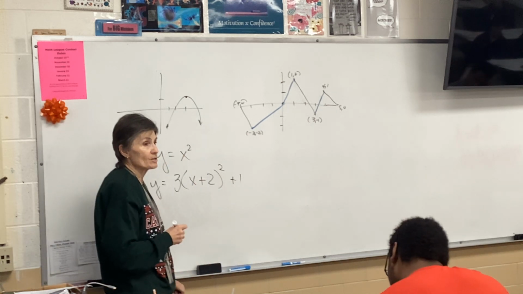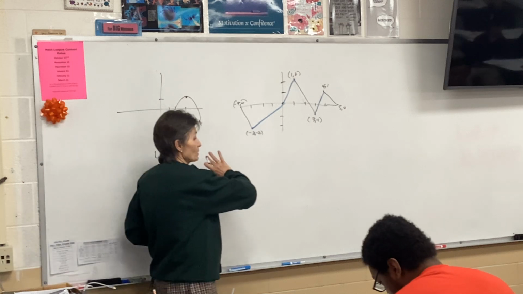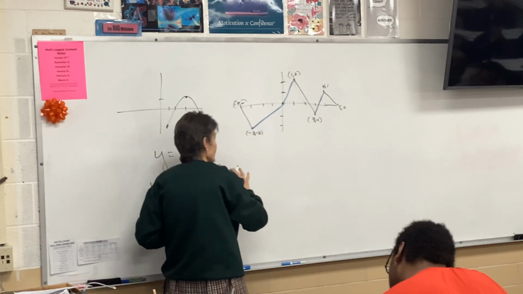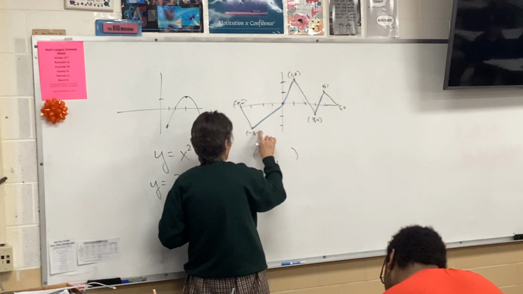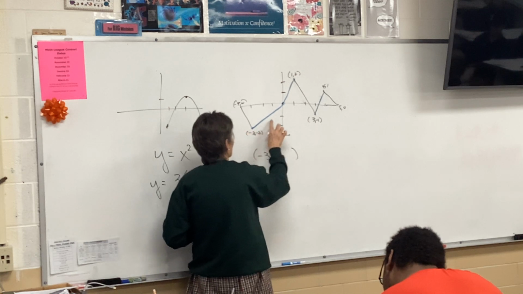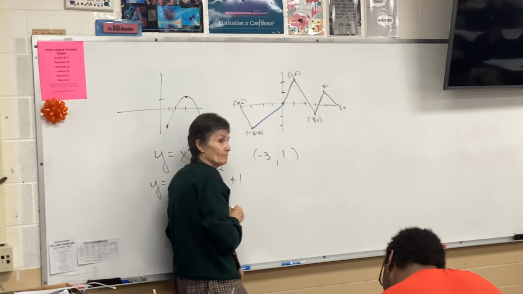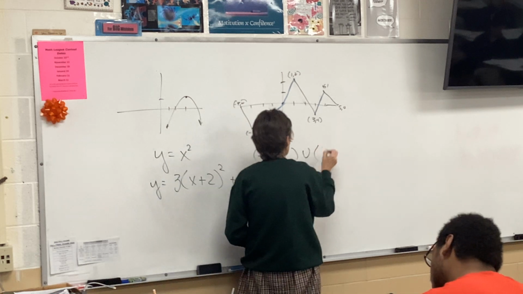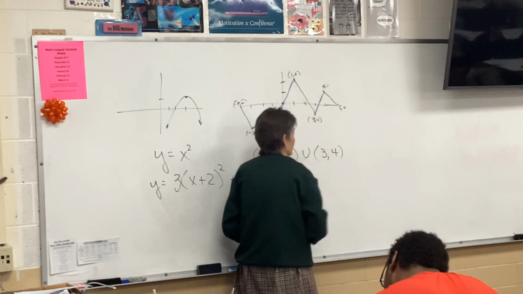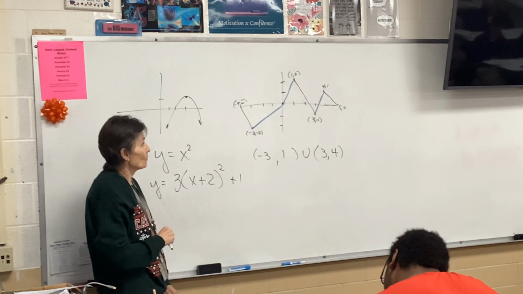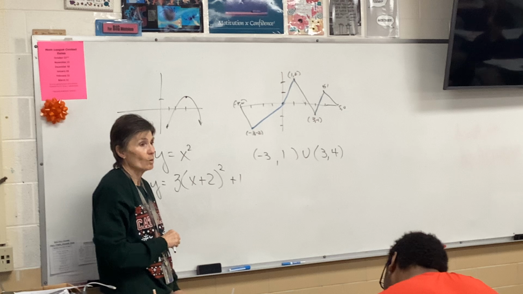So your answer is, now when I drew that, I was going left to right. So your answer is the x's. So this stretch of x's is from -3 to 1. And this stretch of x's is from 3 to 4. So that is the answer to the question.